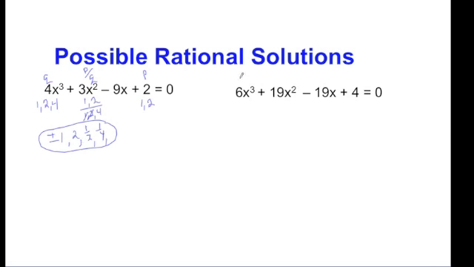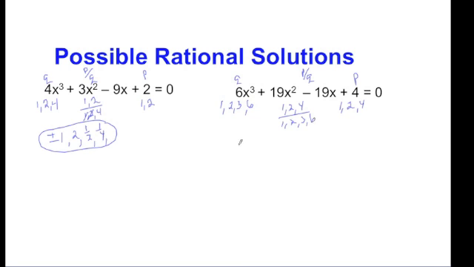Going to this equation, again here is our Q, our P, and we want P over Q. The factors of 6: 1 and 6, 2 and 3. Factors of 4: 1 and 4, and then 2 and 2. So we'll have 1, 2, or 4 over 1, 2, 3, or 6.